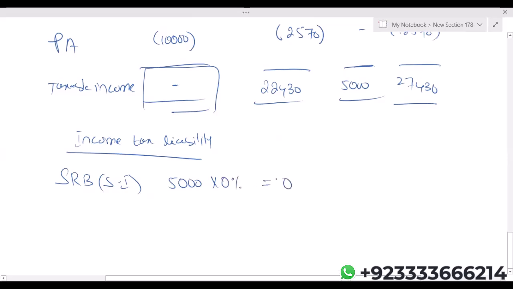In addition to the starting rate band, this individual will get the nil rate band for savings income as well, and this individual is a basic rate taxpayer because look at the total taxable income. Can I say the total taxable income is 27,430, which is lower than the basic rate band limit. So this individual is a basic rate taxpayer. Whoever is a basic rate taxpayer gets the nil rate band for savings income of £1,000.